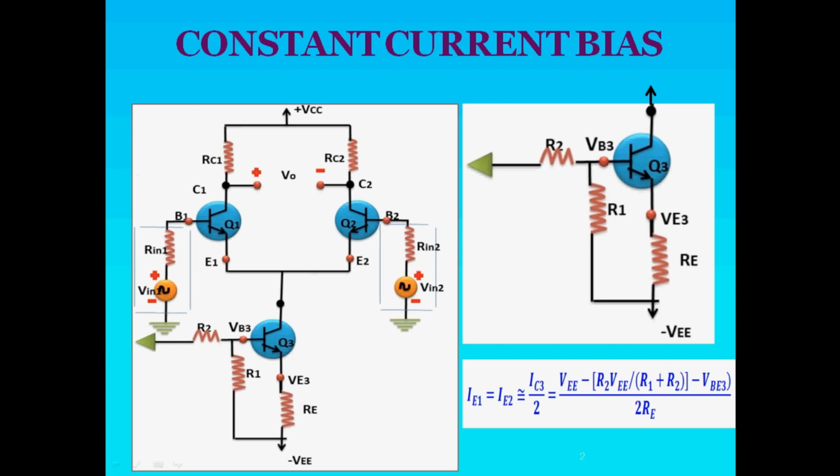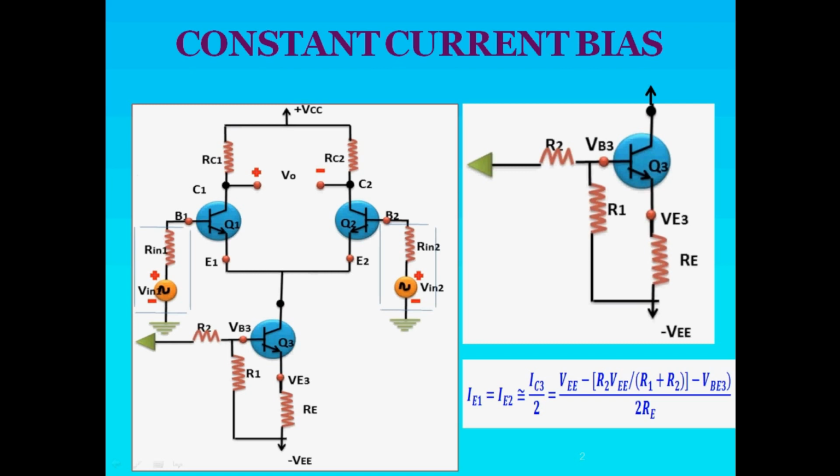Now this is nothing but a dual input balanced output differential amplifier, to which we have connected the collector C3 of transistor Q3. Hence, we know that this is the constant current bias circuit. It will produce the constant output current IC3, and that will be flowing into the emitter terminals of Q1 and Q2. As we know, IC3 is nothing but the addition of currents IE1 and IE2.